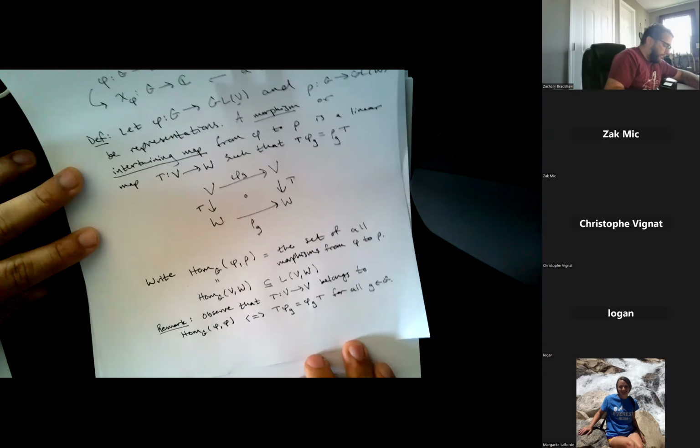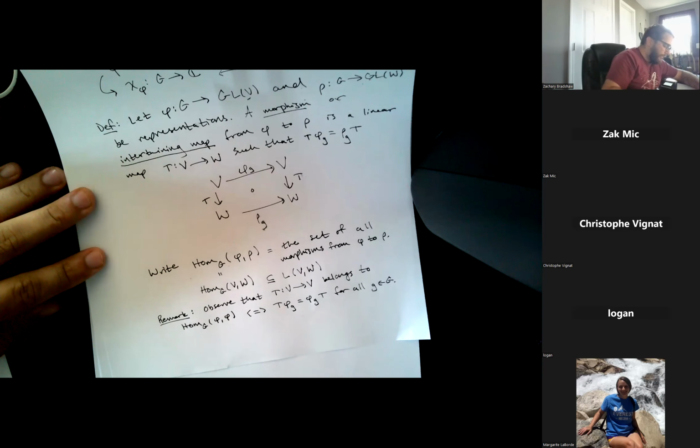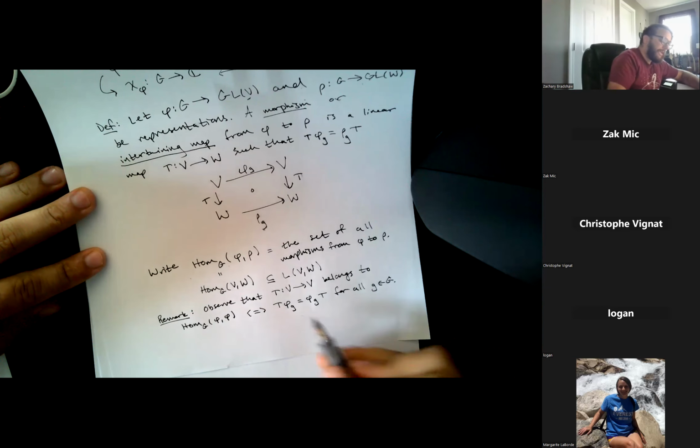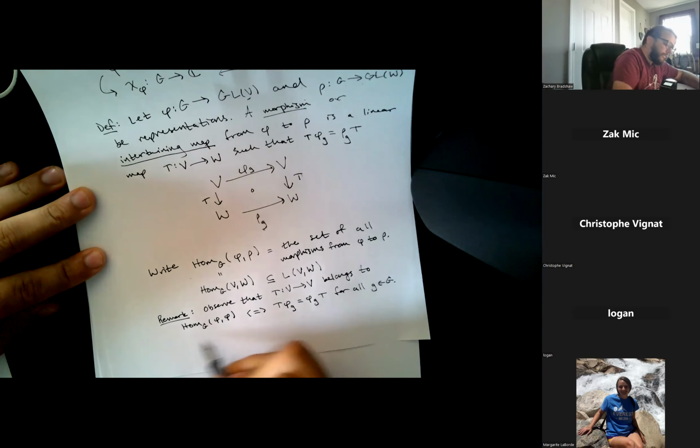And what does that mean? That means that T commutes with all elements of the image of phi.